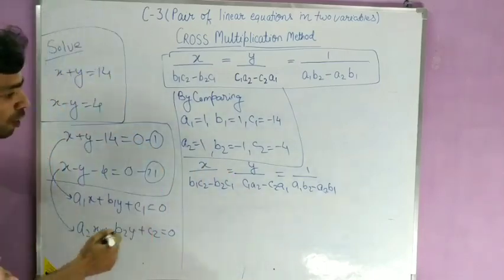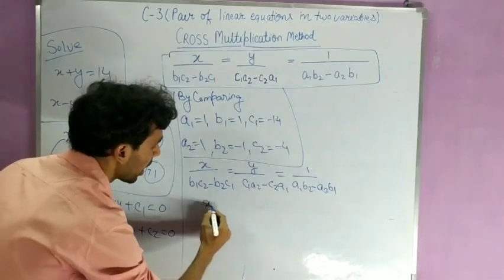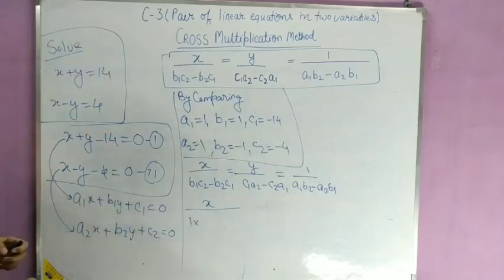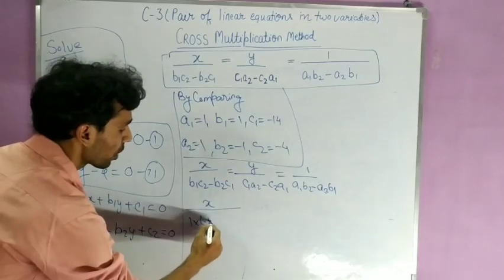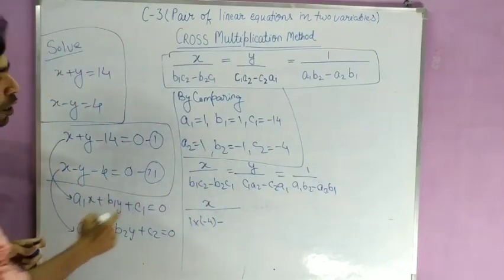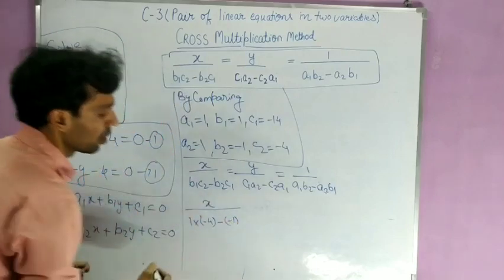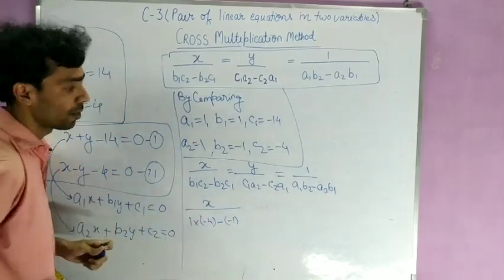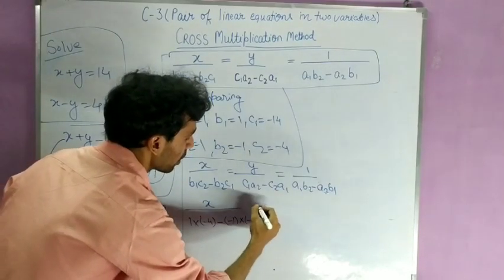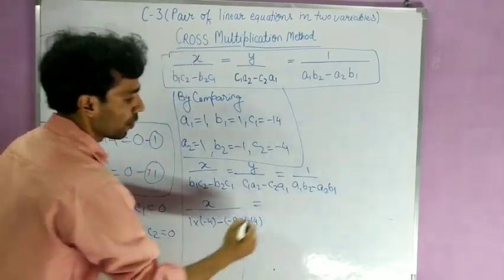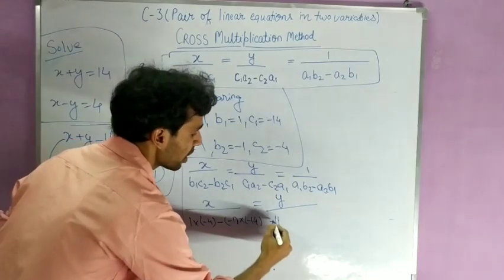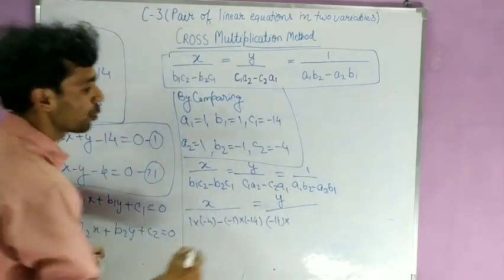So when I will put the value of all coefficients, I can write x upon, see, value of b1 is 1 into value of c2 is minus 4. Okay, so minus 4 I have written. Now minus, because minus sign is here. Now value of b2 is minus 1, and why I have put bracket, because minus is here, and the value of c1 is minus 14. Now close. Okay, equal to y upon, now what is the value of c1? Minus 14. What is the value of a2? 1.